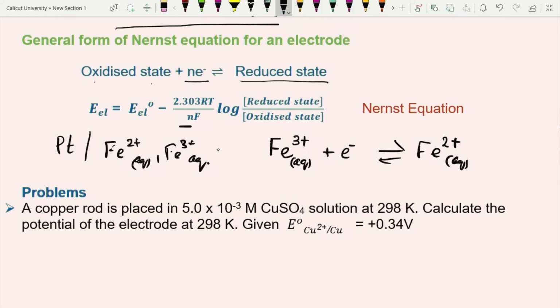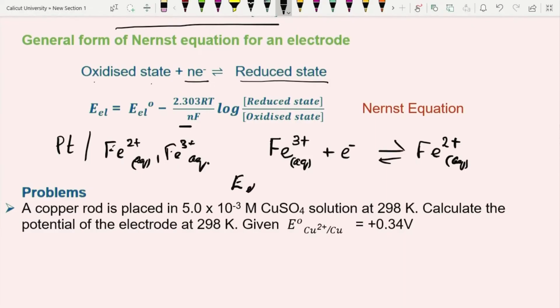Now, when we write this electrode reaction, we have seen that on both sides we have aqueous ions, and in both cases you have to consider the concentrations. Therefore, the Nernst equation in such a case will be E of electrode is equal to E naught of electrode minus 2.303 RT by nF, where n is equal to 1, so I can put it as just F, log.